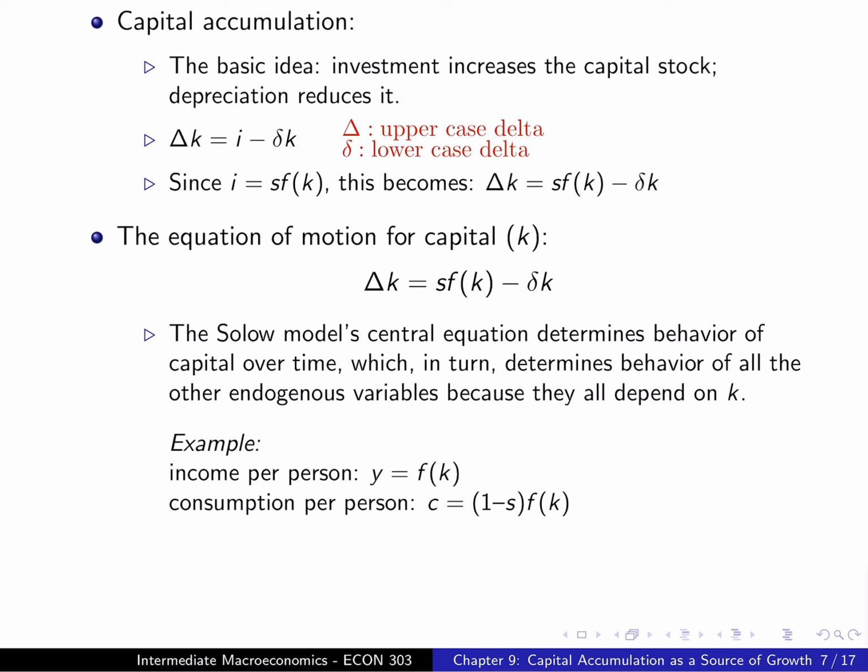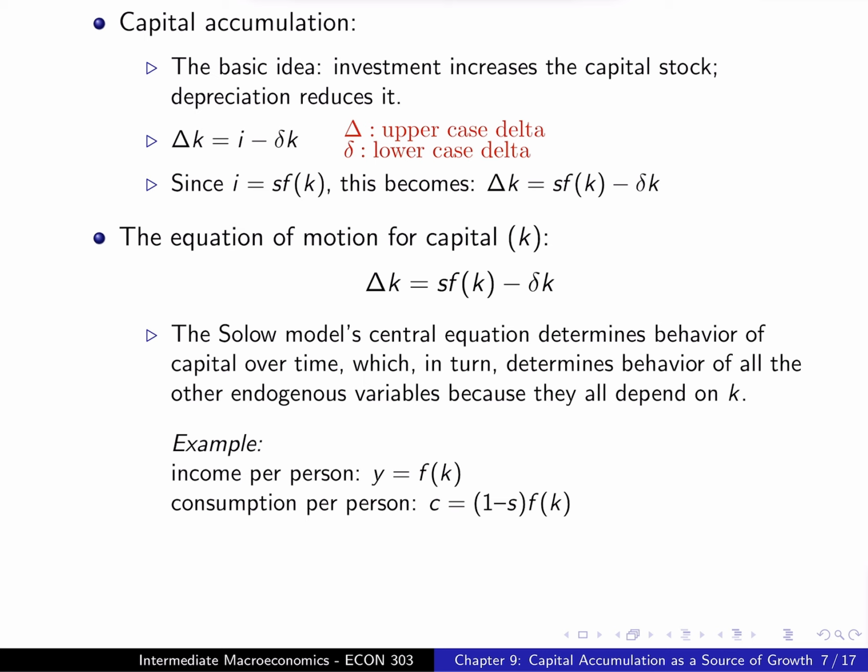This equation is known as the equation of motion for capital. It tells us how capital evolves over time. This equation is at the core of the Solow model because once we know how k changes, we can determine all the other key variables in the economy.